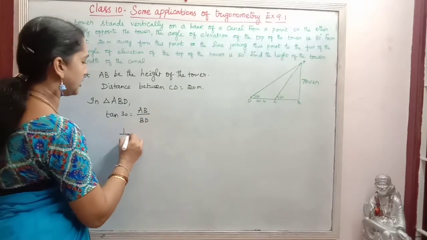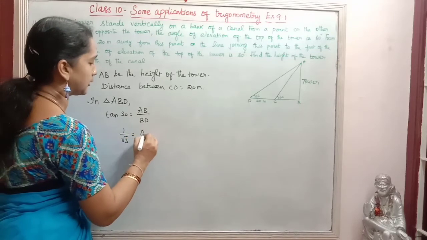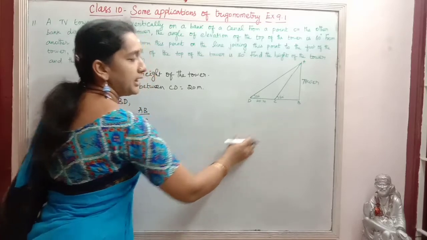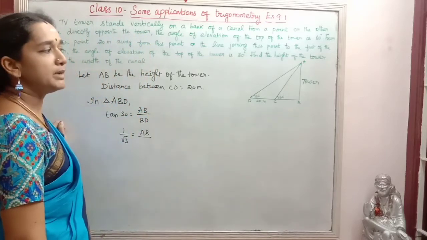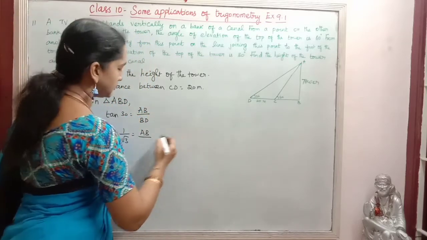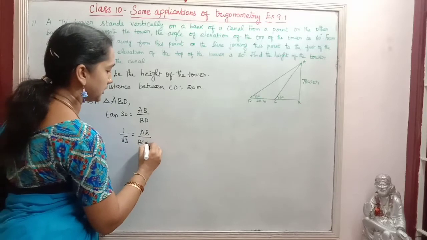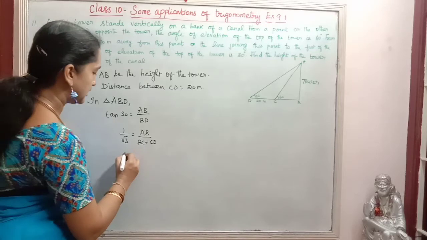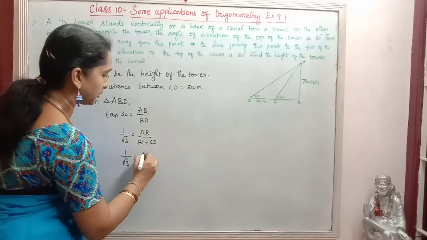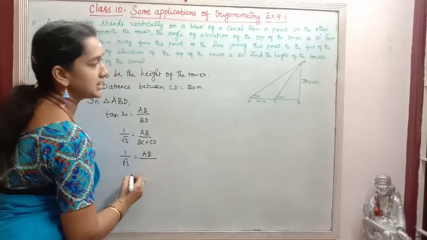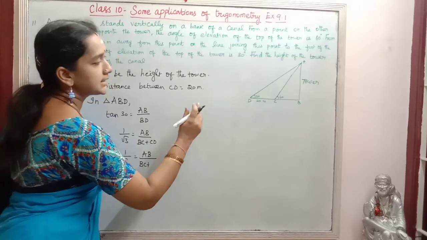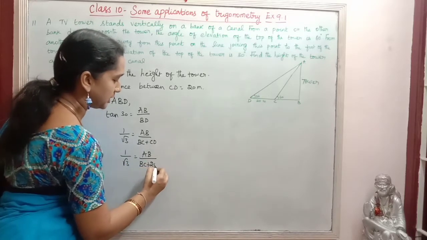So tan 30 we know is 1 by root 3, is equal to AB, the height of the tower, by BD. BD we can write as BC plus CD. So 1 by root 3 is equal to AB by BC plus CD, where CD is given as 20 meter.